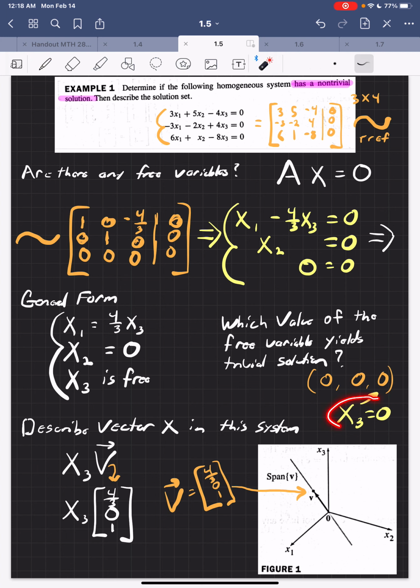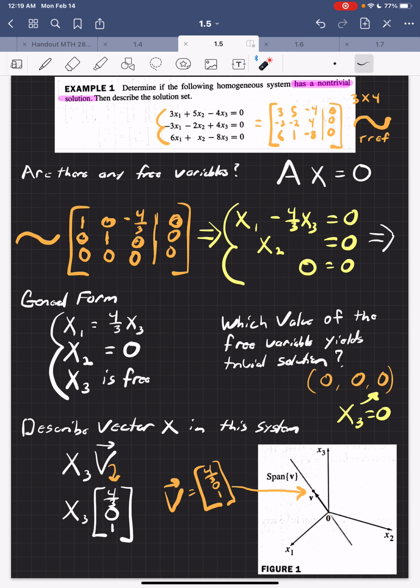Okay. Now, when you choose something for your free variable, what you're doing is scaling this vector. Does that make sense? If this is v, and you choose 2 for x sub 3, then you would get 2v. You would have doubled the size. If you had chosen -1 for x sub 3, you would have gotten the same vector in the opposite direction.